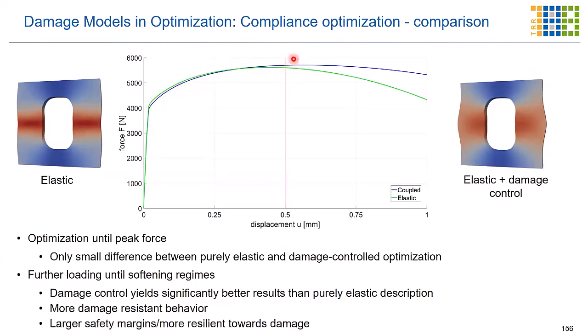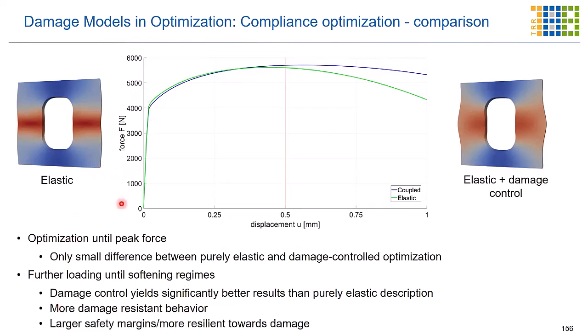But then after the critical force here, or the maximum force regime here, you see that both start to deviate. Okay. And this means that the coupled one, the blue line here, allows still a much larger force in the critical area where your component may fail.